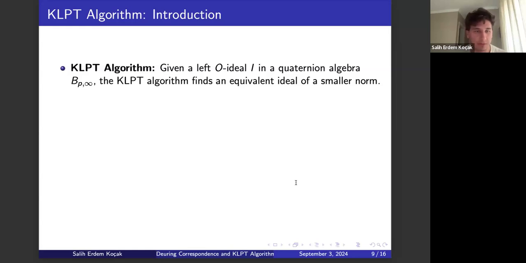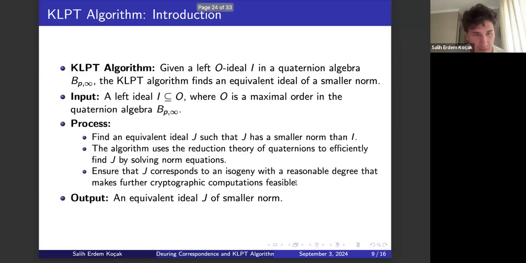So you have a quaternion algebra. Maybe it would be easier if I show this. You have a quaternion algebra B_{p,infinity}, and you have a maximal order O, and you have a left O-ideal I, which does not have very nice properties, like its norm is not very small.